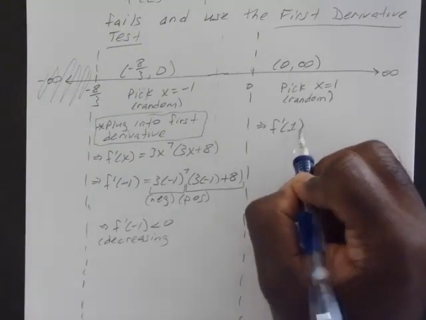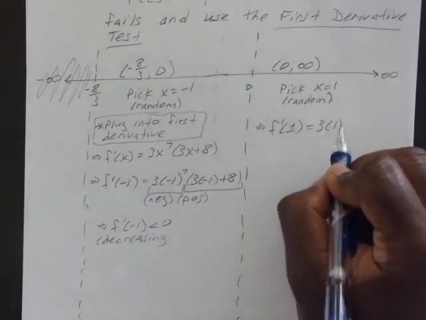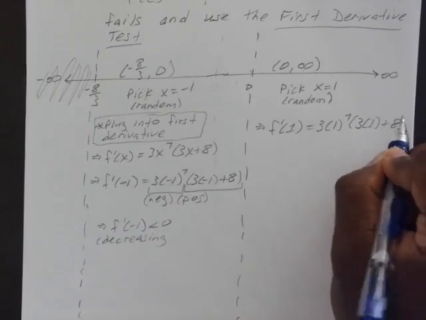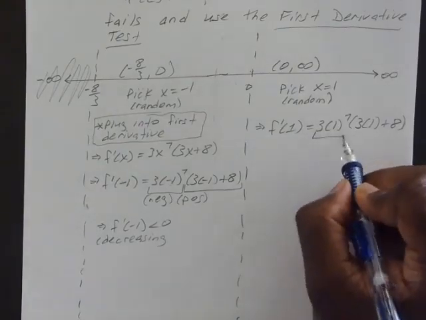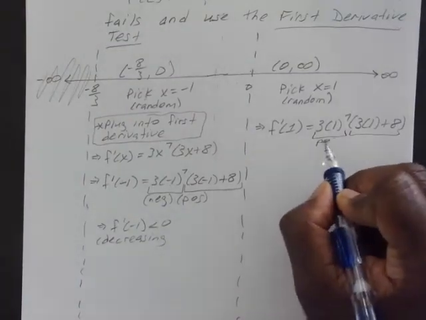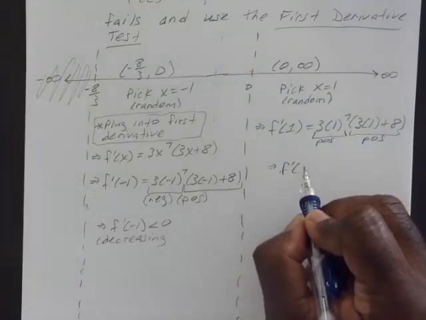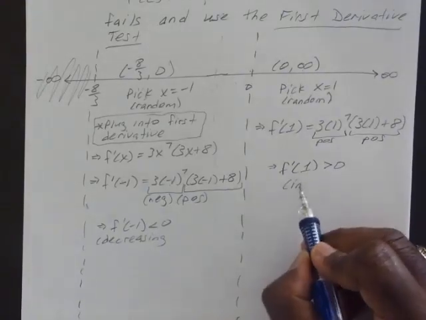So f prime of 1 is 3 times 1 to the 7th power times 3 times 1 plus 8. Again, this one's positive and this one's positive. So we know the first derivative at 1 is positive, which means it's increasing.